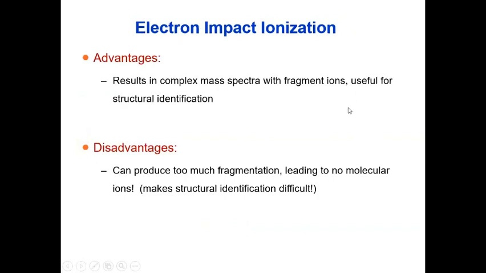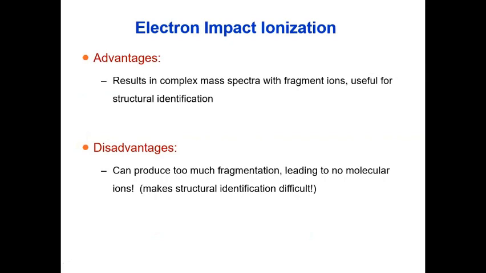So we understand what the electron ionization technique is. What are the advantages of this technique? It results in complex mass spectra with fragmented ions useful for structural identification. But there is a disadvantage of electron ionization.